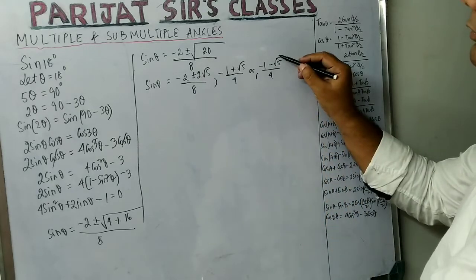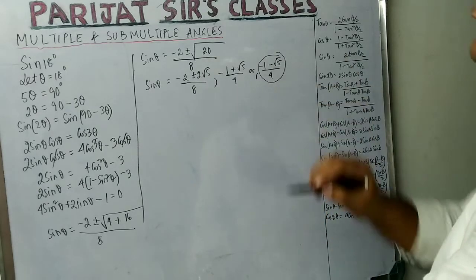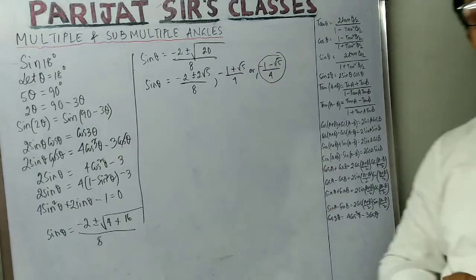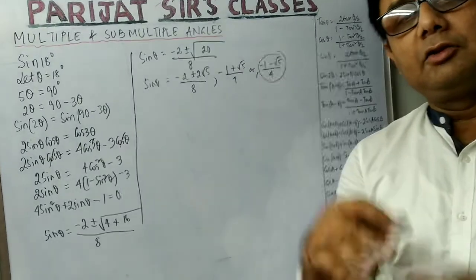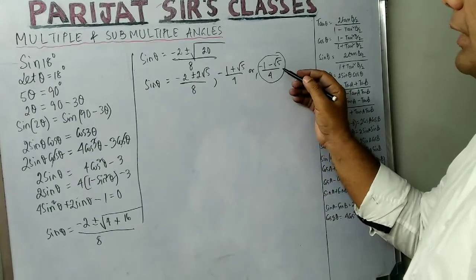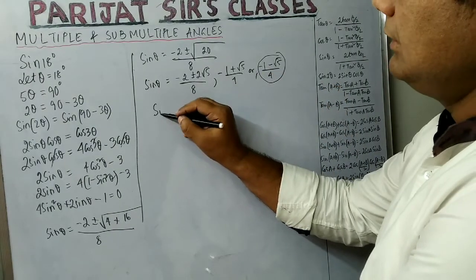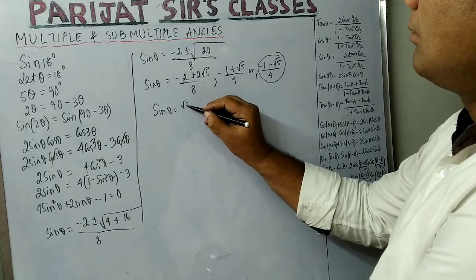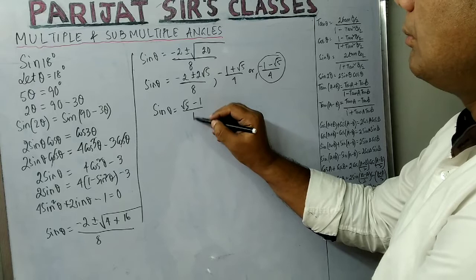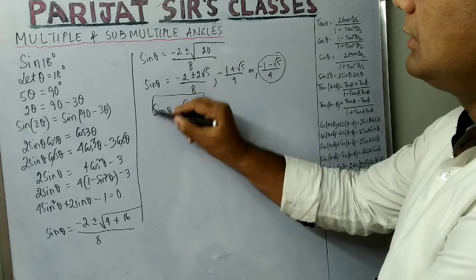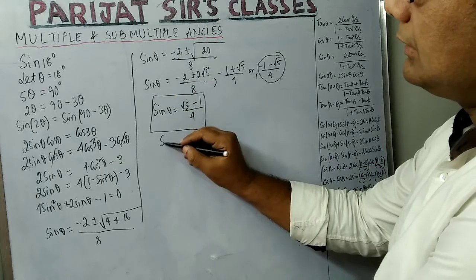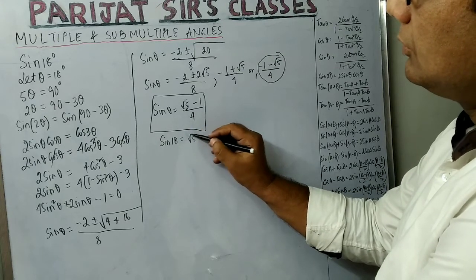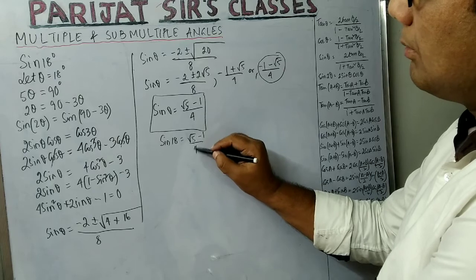Now this value gives me a negative sine theta, but 18 degree is in the first quadrant and we know that in the first quadrant sine is positive. So we will not take this value, we will take sine theta as root 5 minus 1 by 4. And we know theta is 18 degree, we already considered it. So sine 18 is root 5 minus 1 by 4.